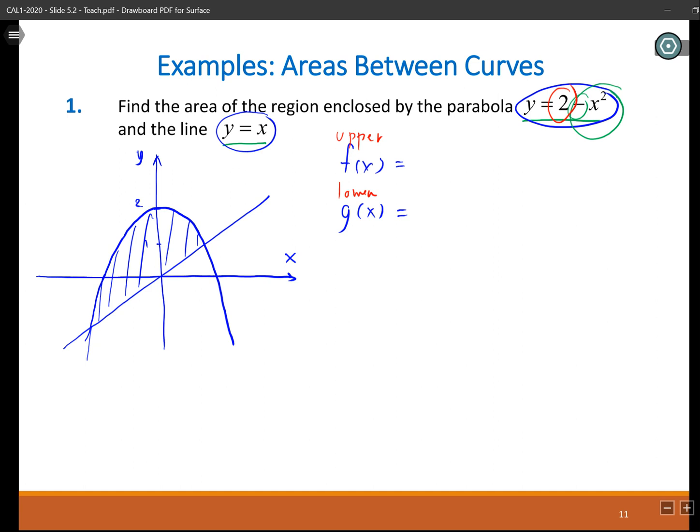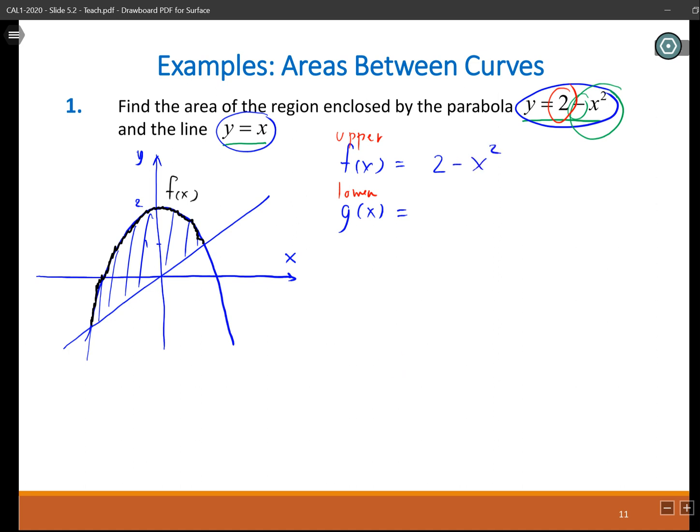Now take a look at this region. You can tell that the upper part of this region is this, at the top of the region. So you know right away that this is f(x), the upside down parabola. So f(x) has to be equal to 2 minus x squared.